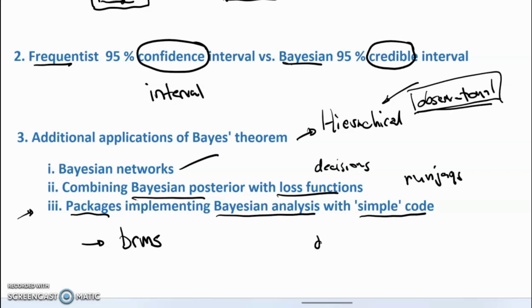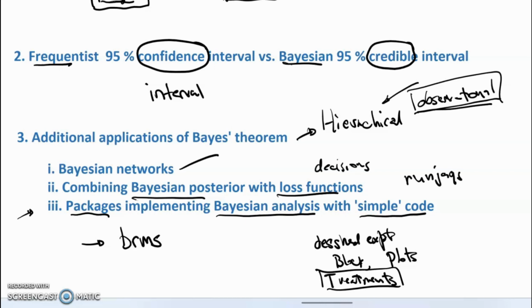But many of you will be doing designed experiments that are going to have blocks, going to have plots. You're going to impose treatments, likely under controlled conditions. You're going to compare those treatments. So for experiments such as this, BRMS is going to be a really simple way to analyze those data using Bayesian methods.